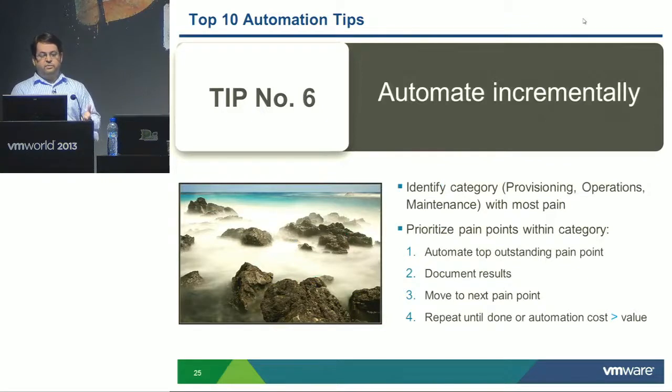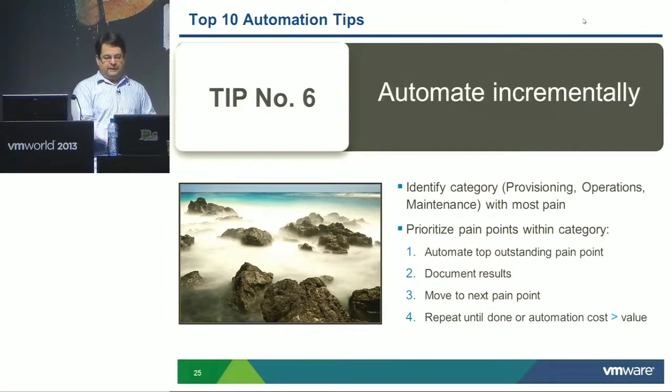So the next tip is automate incrementally. You obviously, to use the famous analogy, don't want to boil the ocean. Automation is a journey, right? It doesn't happen overnight, but it's key to identify in the various categories, whether it's provisioning, operations, or proactive maintenance, the areas that have the most pain.